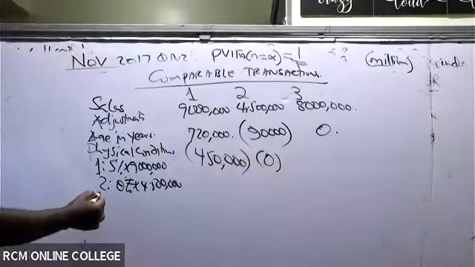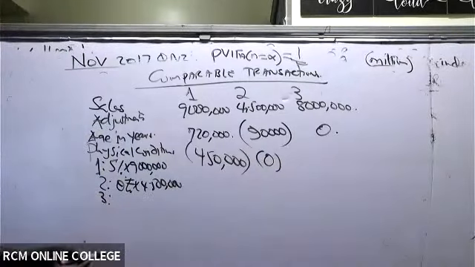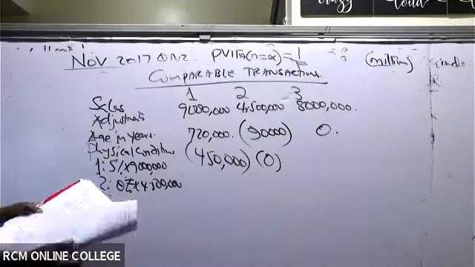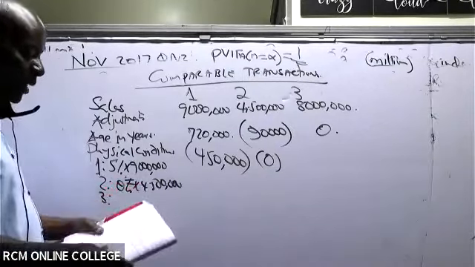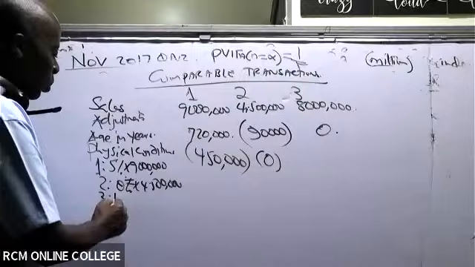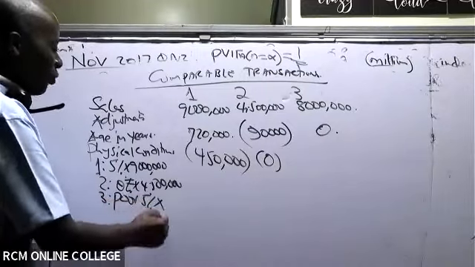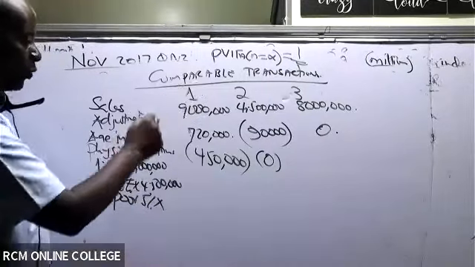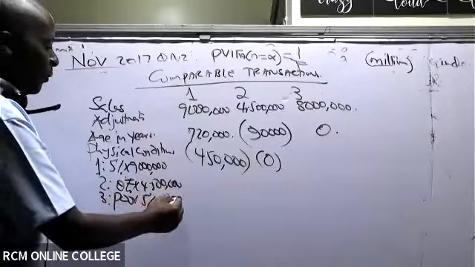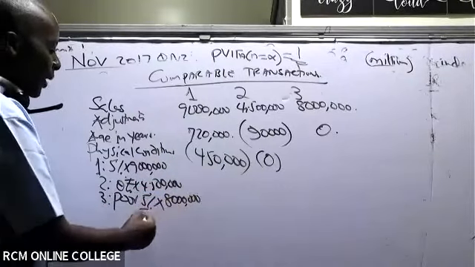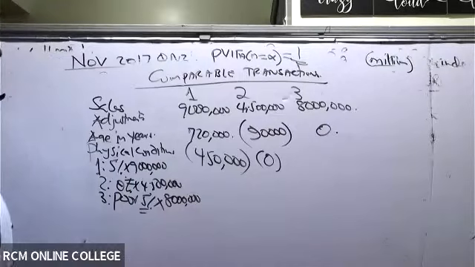And then property three is poor at 5%. Remember, property three is poor at 5%. So 5% of its sales value, 5% of 8 million. They're putting it as negative there to confuse you.